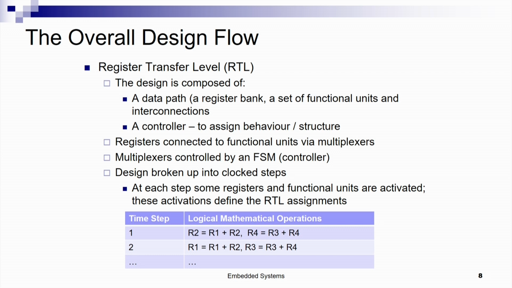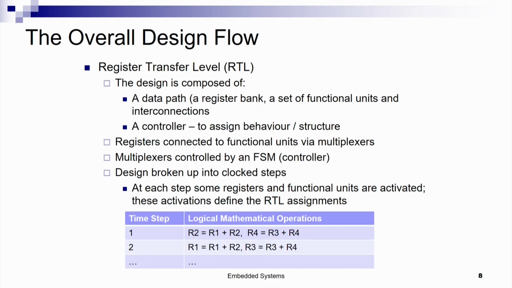The interconnections will have wires, muxes, demuxes, etc. So, what will this data path do? The data path will transform input data: it will allow certain data in certain ways to be transferred to functional units, get transformed and then stored back into registers. So, from inputs through the functional units back to registers, this path is provided by the data path. That is why, because this path transforms data from input to output, it is called a data path.